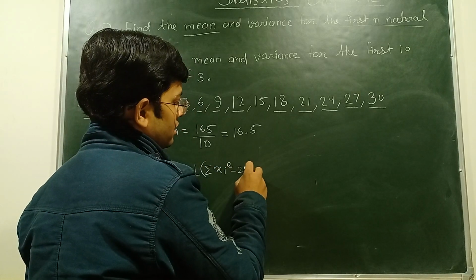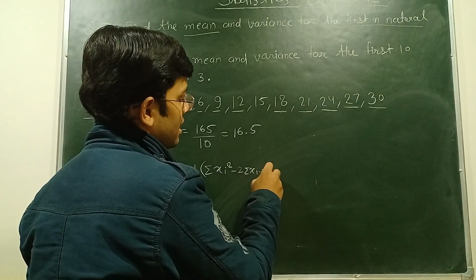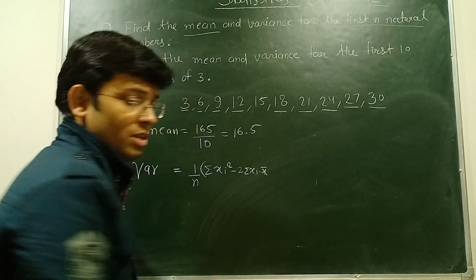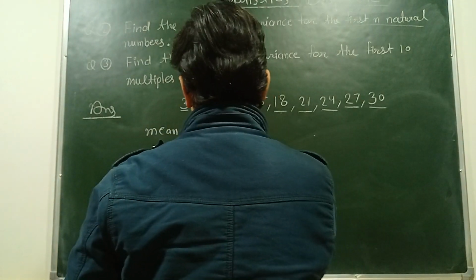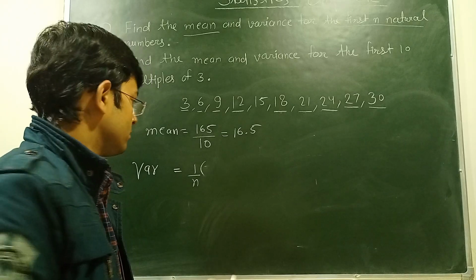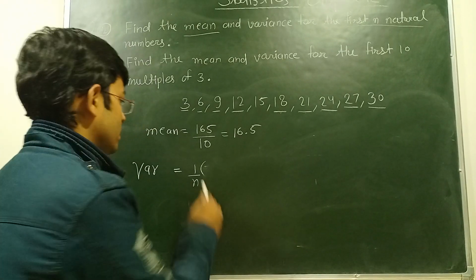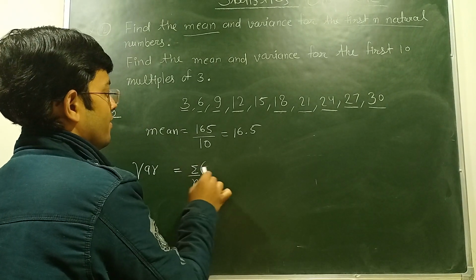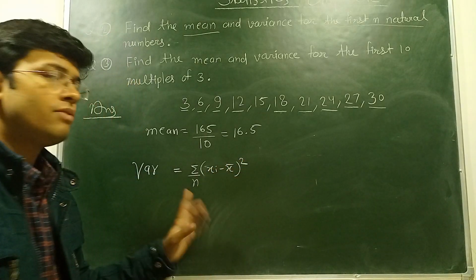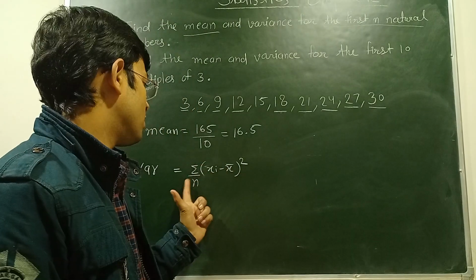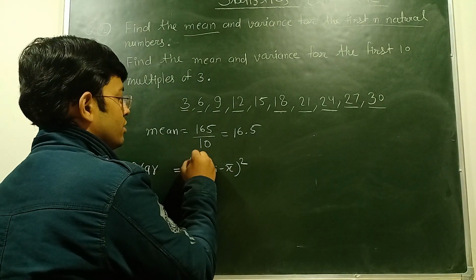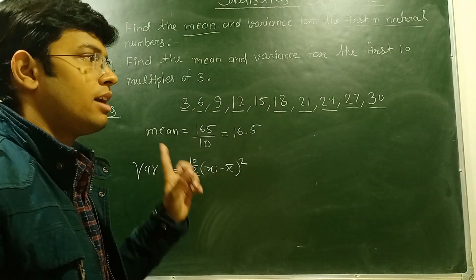First of all you have to write the formula of the variance: sigma xi minus x bar the whole square, where i is equal to 1 to 10, because here a total of 10 terms are given.